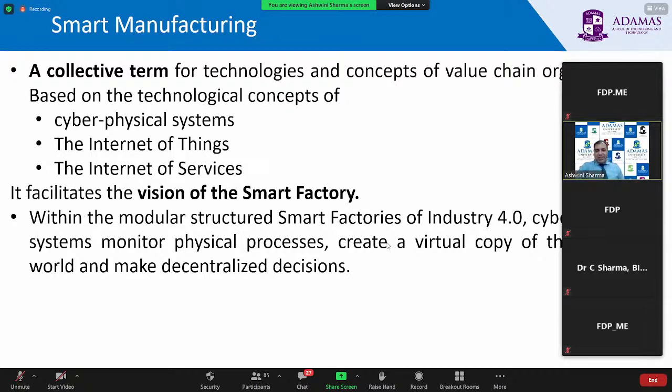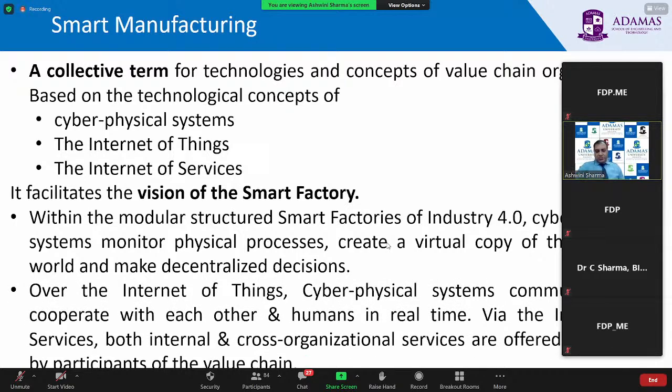We will see it again by example, but just to tell you, nowadays we have technologies where whatever machine is running physically in some environment, the same machine is available to us in front of us in electronic form. This is also known as a digital twin. Whatever parameters are working there in the physical environment, the same parameters are shown to you, and you can play with these parameters so that you can change the process outcomes within no time.